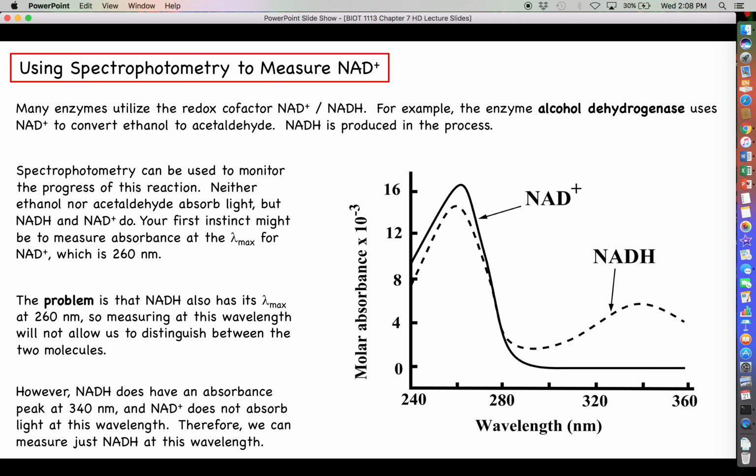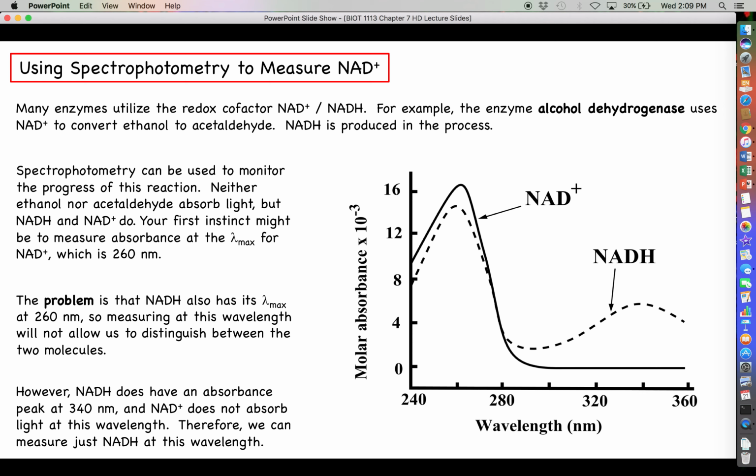So how do we get around this? Well, we're going to get around this by picking a different wavelength, one that is not the lambda max value. Look at the spectrum for NADH, which is the dotted line there. NADH, in addition to having its lambda max at 260, also has a smaller peak at 340 nanometers. It doesn't quite absorb light as well at 340, but it does absorb a little.